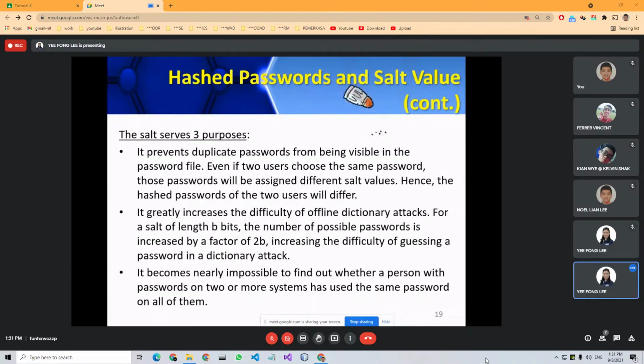Okay. So now the three purposes are listed there. From the explanation, it is quite clear.